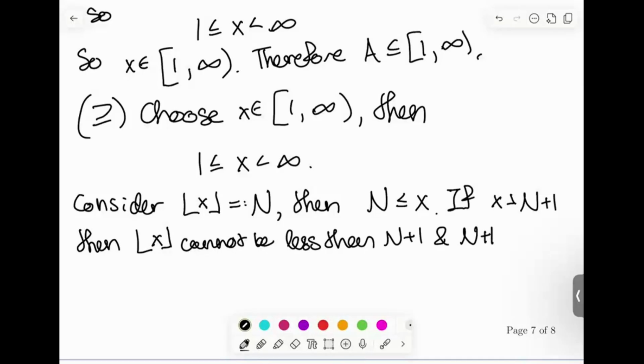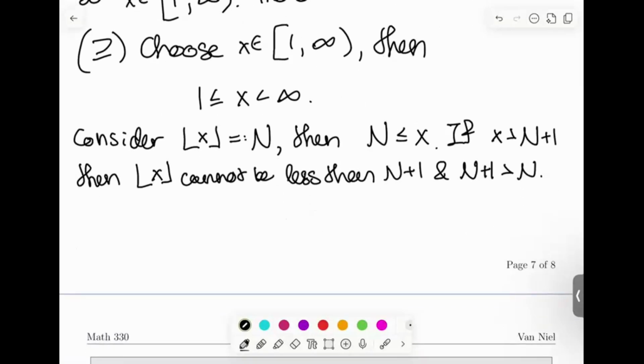And N plus 1 is strictly greater than N. So x is less than or equal to N plus 1. Actually, it can't be equal to N plus 1 because then the floor would be N plus 1, but that doesn't matter. So N is less than or equal to x, which is less than N plus 1.